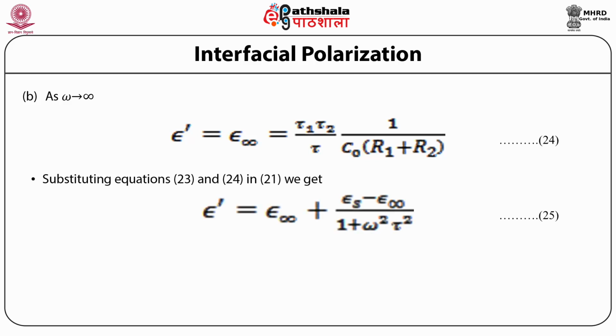Substituting equations 23 and 24 in 21, we get epsilon prime is equal to epsilon infinity plus epsilon s minus epsilon infinity divided by 1 plus omega square tau square.